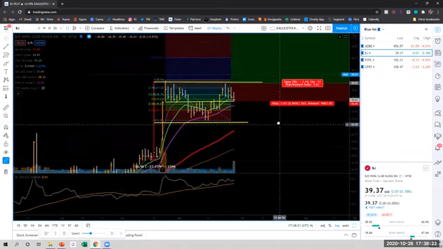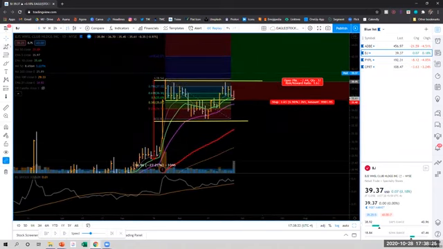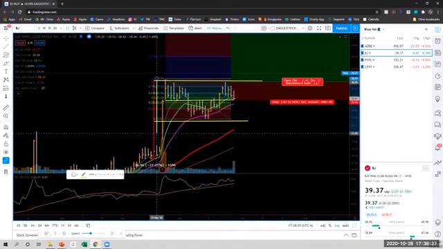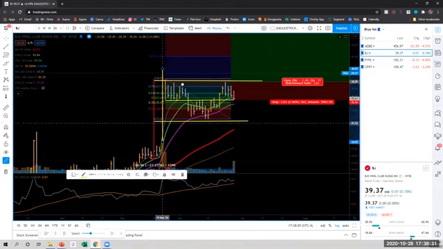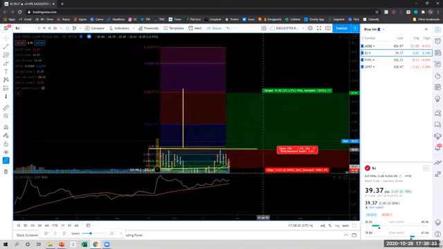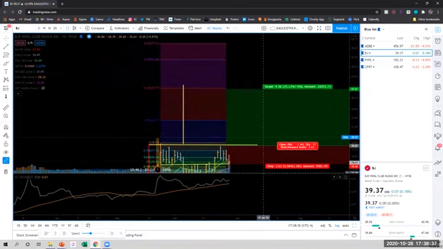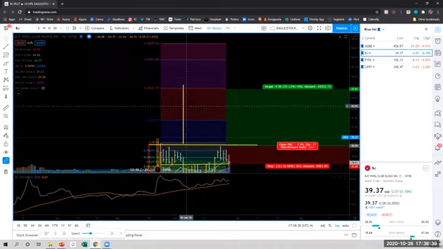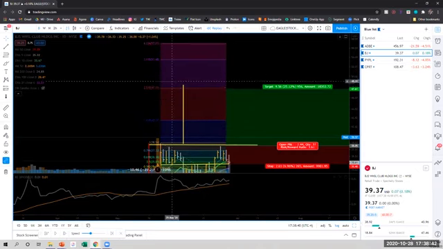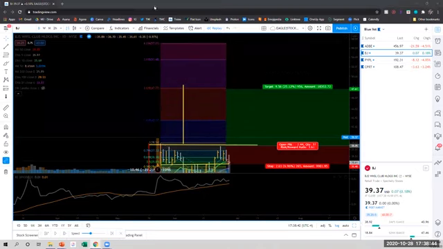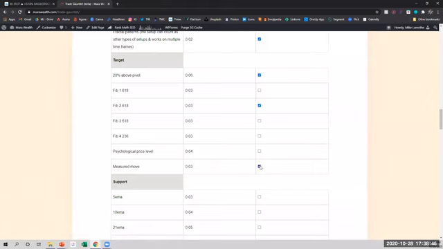Then for the measured move, there's really two ways to do it for this one. You could take the length of the pole and see where that lands us. That's pretty damn close, isn't it? For that, I would be checking that box too.